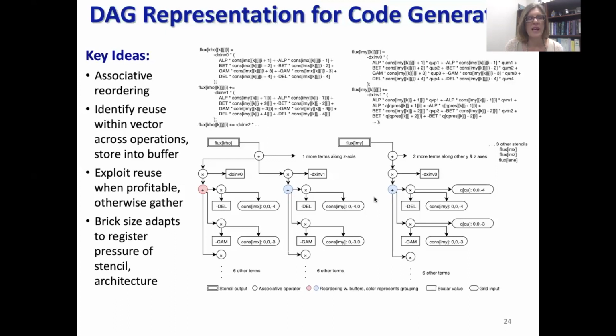And the brick size can be adapted to register pressure of the stencil as well as the architecture. So this particular example, we're going to come back to it in the results, needs a smaller brick size because of all the different grids that are simultaneously being computed and sharing some of the same input values.